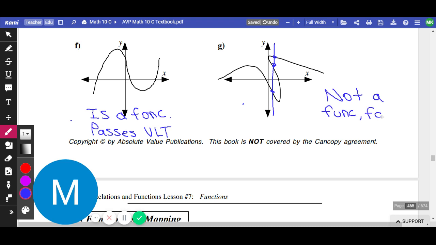It fails the VLT. For the record, all of those things are relations. Relations just means two things connected. Functions have only one output for every input.